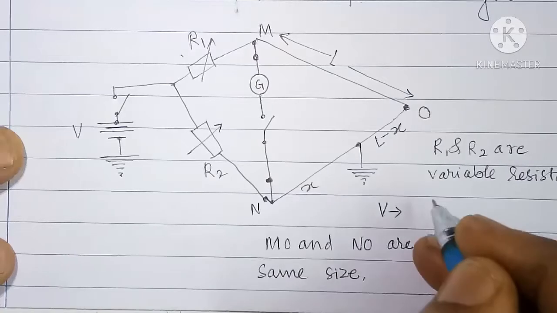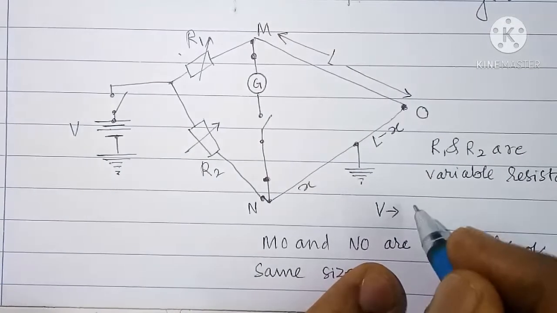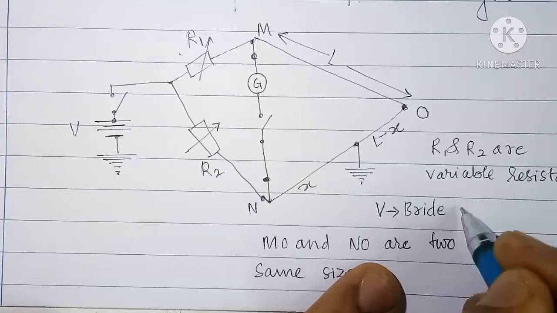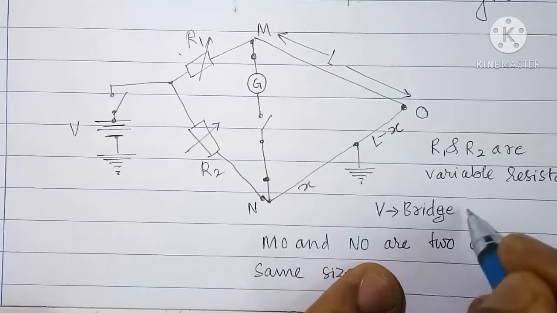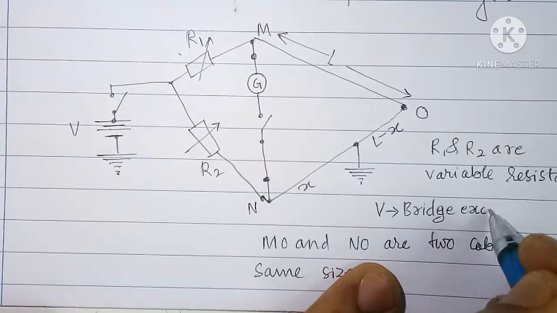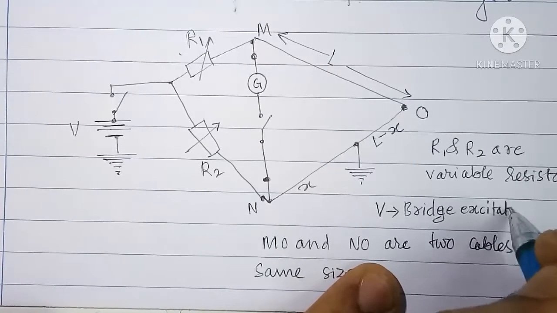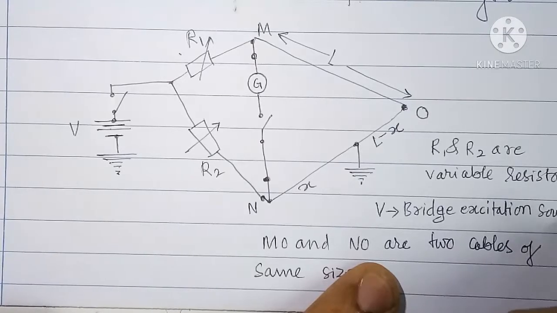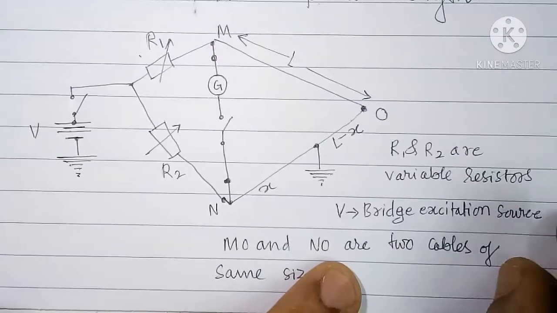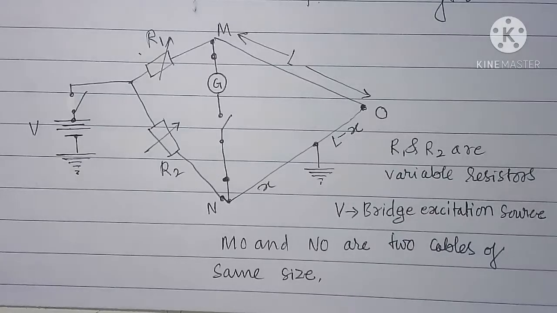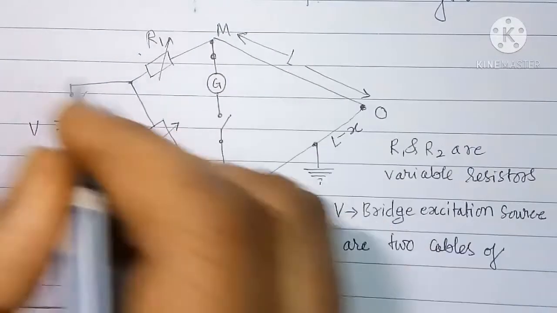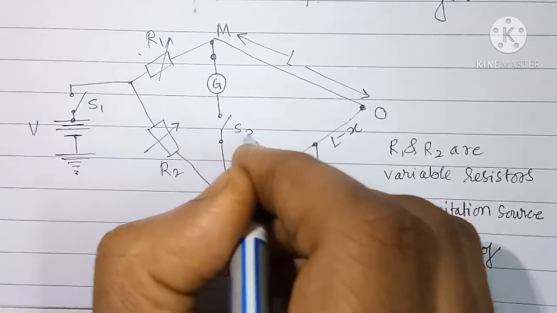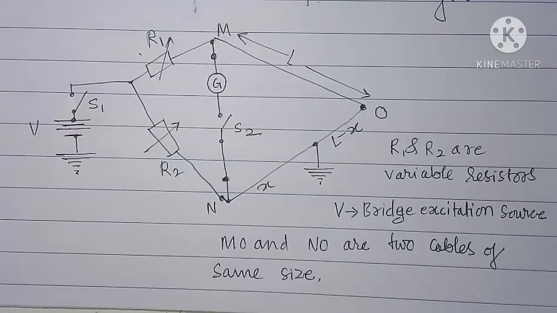V is bridge excitation source. We'll call the two switches here as S1 and S2.